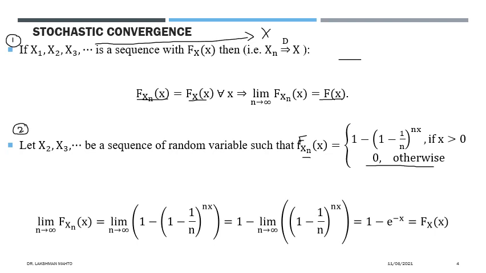If you find the limiting value of this distribution function as n tends to infinity, it approaches 1 minus e to the power minus x, and that is the distribution function of the random variable X. Here X is the limit of Xn, and this is the limit in distribution, so we put D here. All these are examples of stochastic convergence.